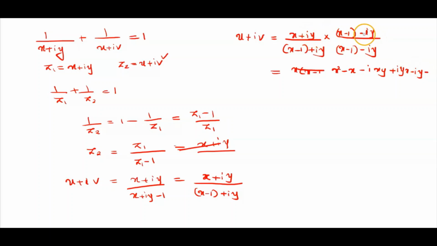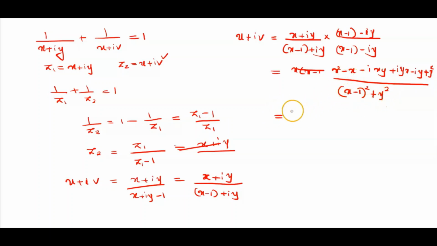minus iy into minus iy is i square, which is minus 1, and minus, this is plus y square. And the denominator is again a plus b into a minus b, that is a square minus b square, that means x minus 1 all square minus iy all square, which is plus y square.